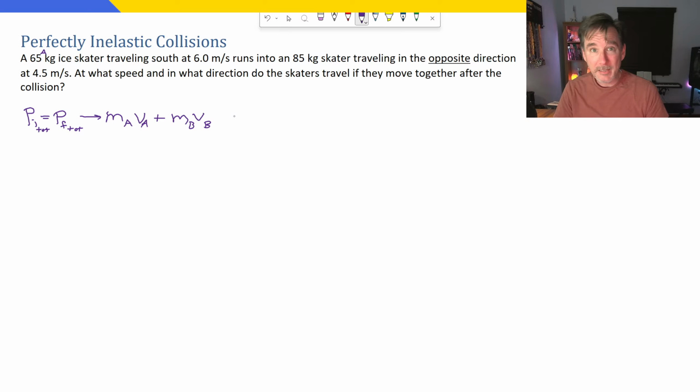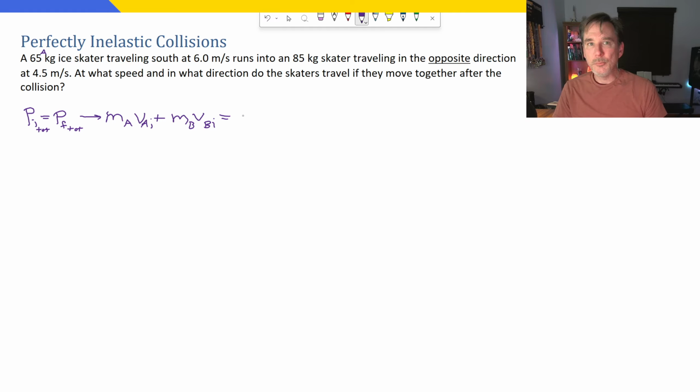Those are their initial velocities. Their total momentum will add together, and it's going to be equal to the total momentum after they collide.